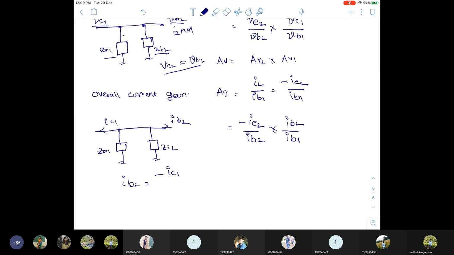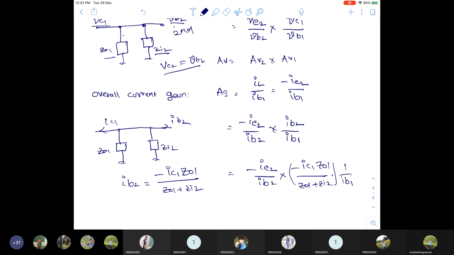So minus IC1 into Z01 by Z01 plus Zi2. Using Norton's theorem, IB2 equals minus IC1 into Z01 by Z01 plus Zi2. You can substitute this in the equation: minus IE2 by IB2 into IB2, which is minus IC1 Z01 by Z01 plus Zi2, into 1 by IB1.